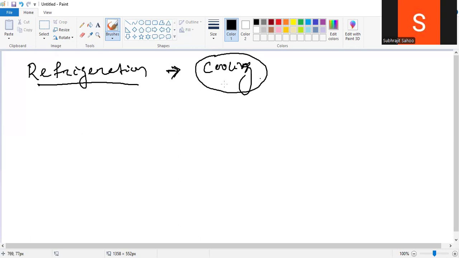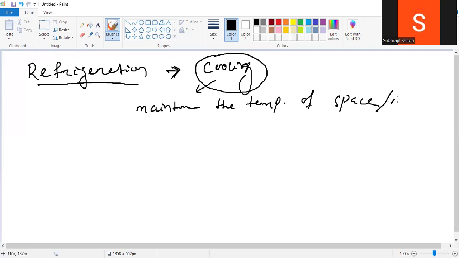We are doing cooling. So while we are doing cooling, we are maintaining the temperature of a space or a region or a body below the atmospheric temperature.